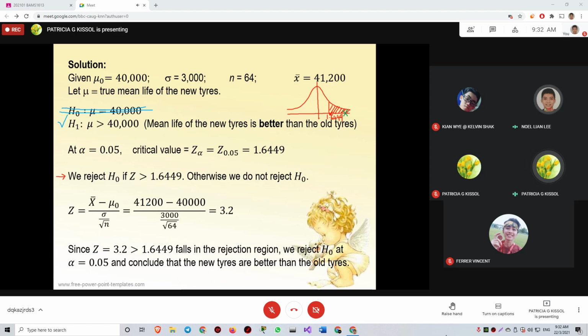And it's very important that you must state what the level of significance is. In this example, the level of significance is alpha equals 0.05.